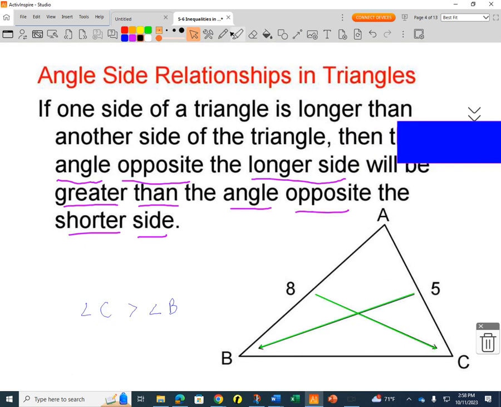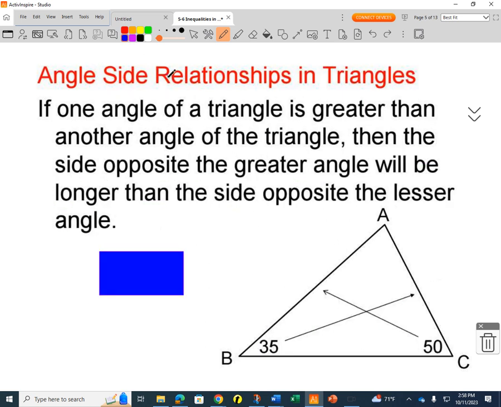So that's going to be the measure of angle C is greater than the measure of angle B. All these symbols are getting kind of confusing, but the measure of angle C has to be greater than the measure of angle B.